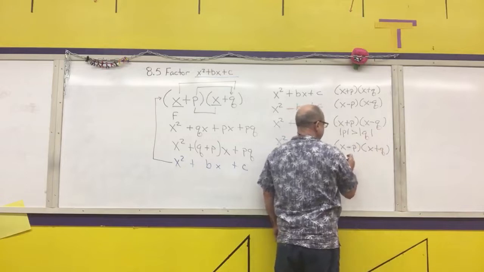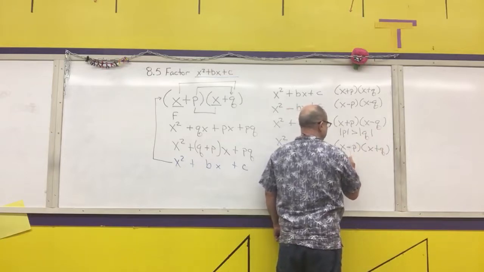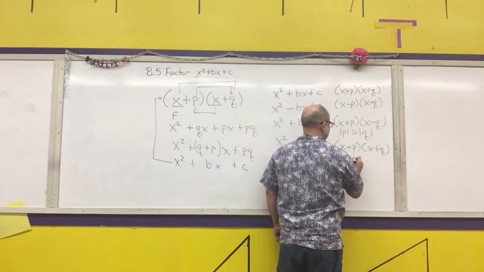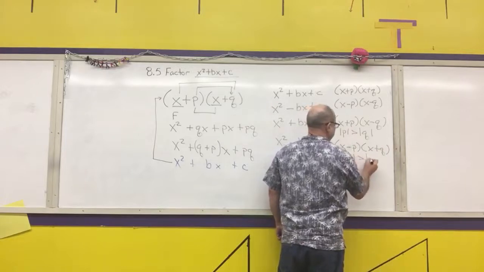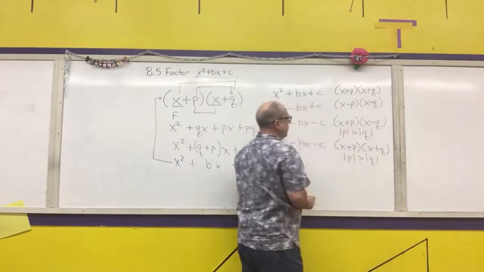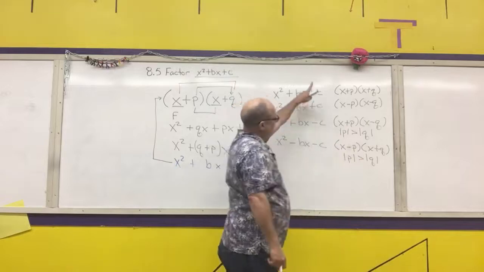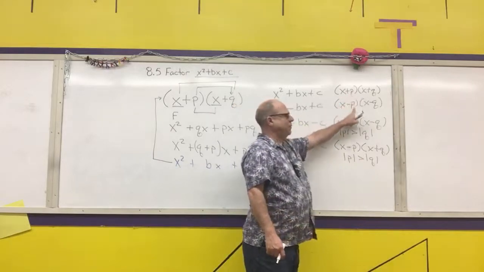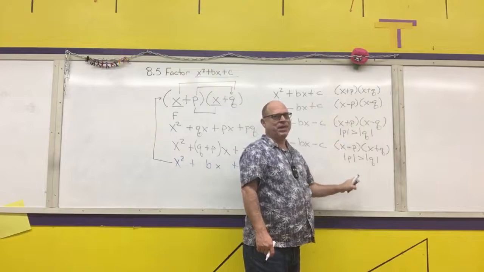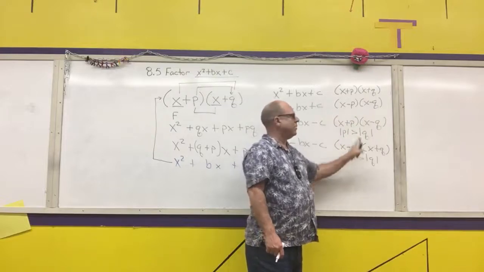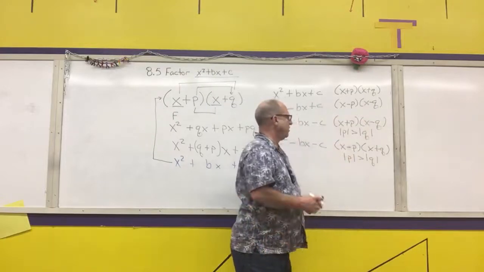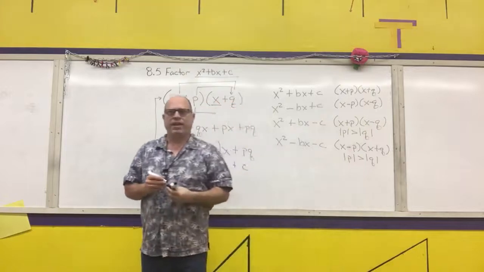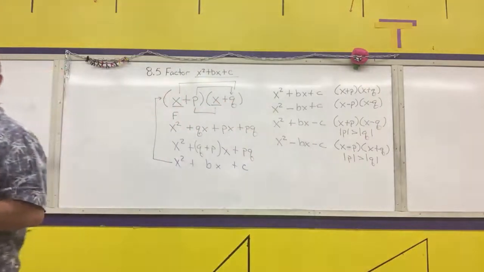And in this case, again, the absolute value of p has to be greater than the absolute value of q. When I write them out in factored form, I always make my p term the one with the biggest absolute value, and the q term the one with the smallest absolute value. That way I use the same pattern every single time.